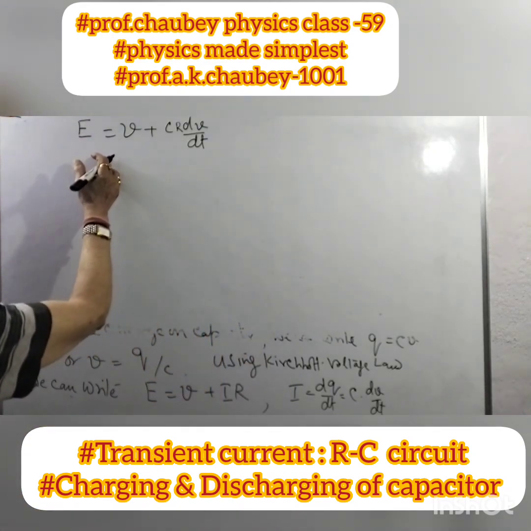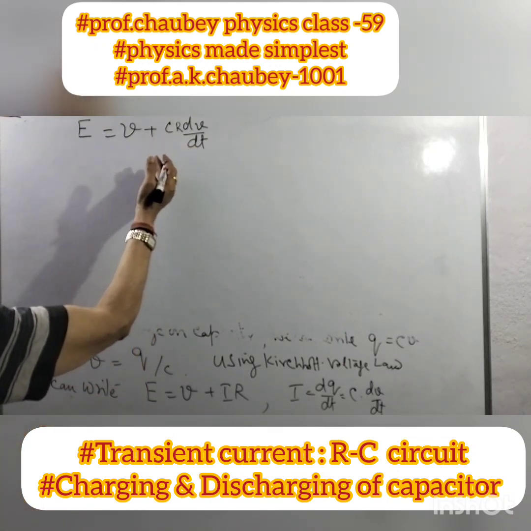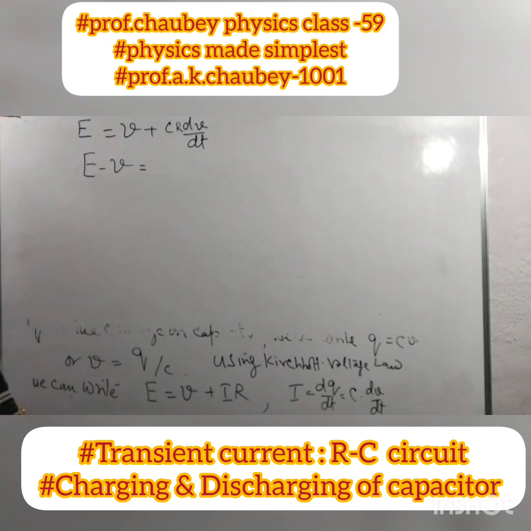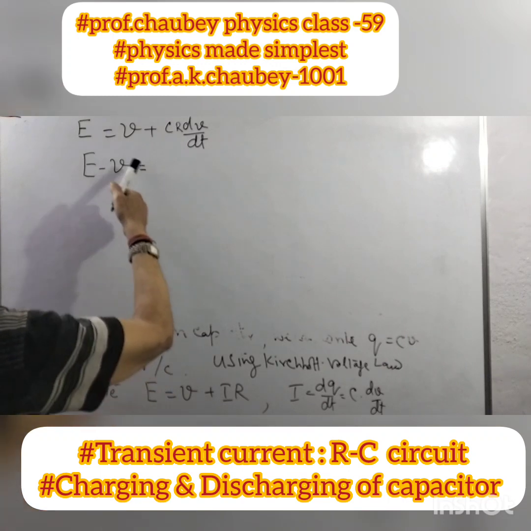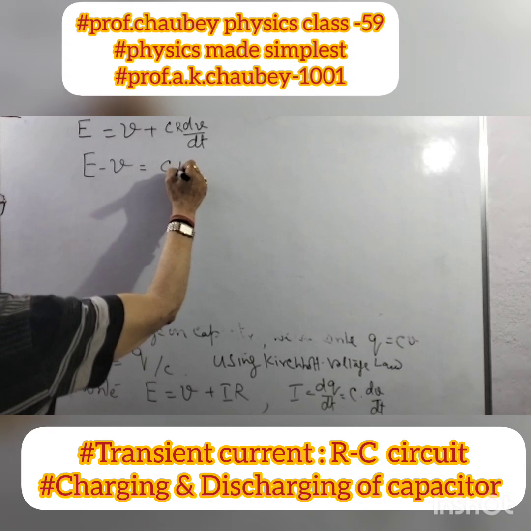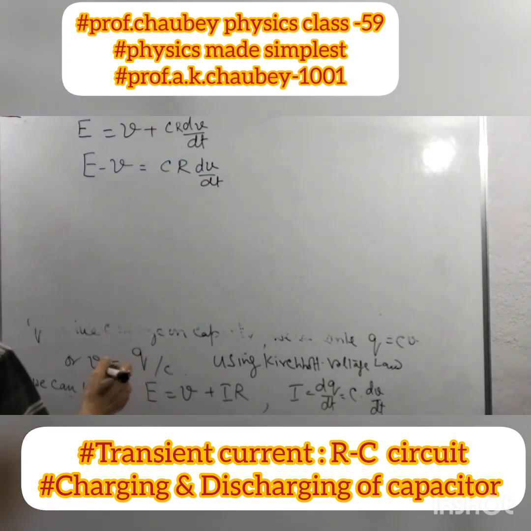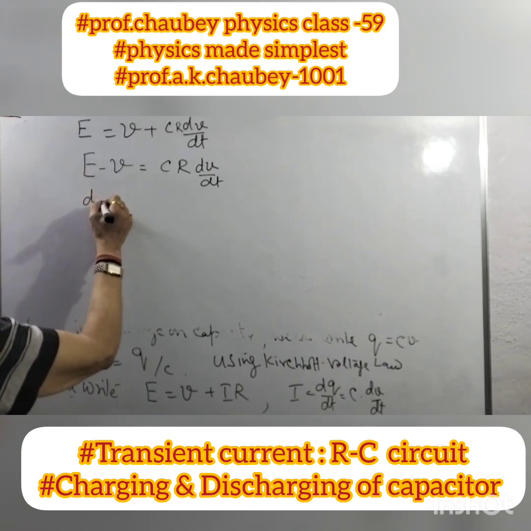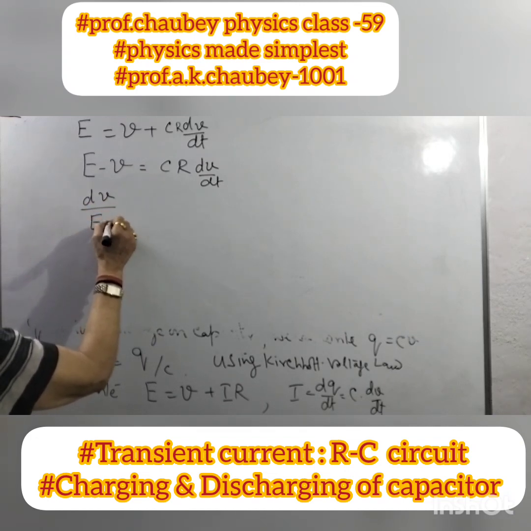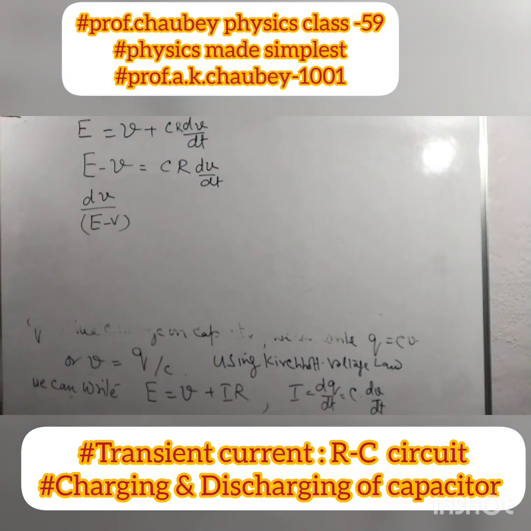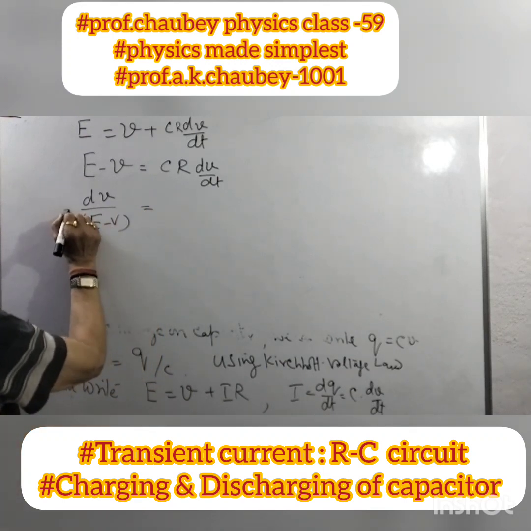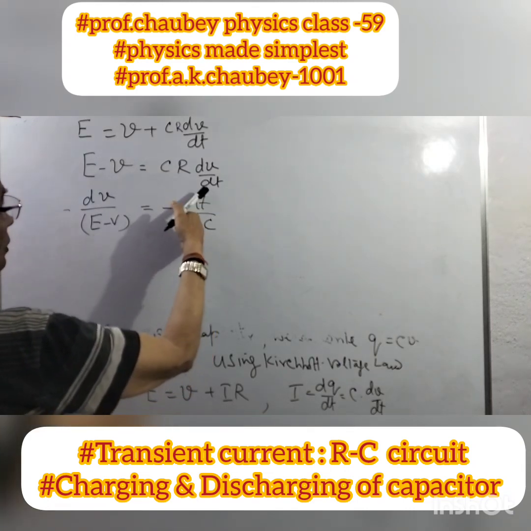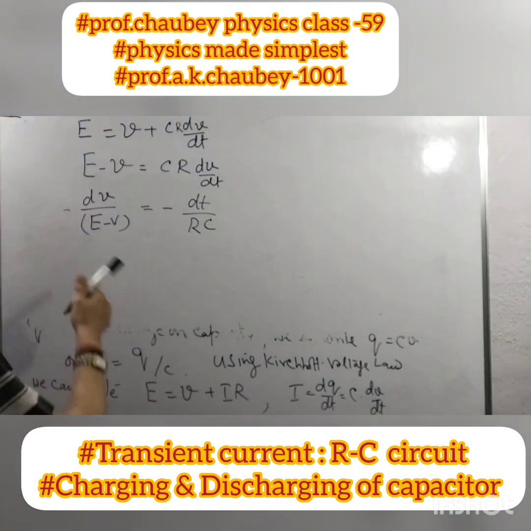So we can write E minus V equal to CR dV/dt. Rearranging, dV over E minus V equals minus dt over RC.